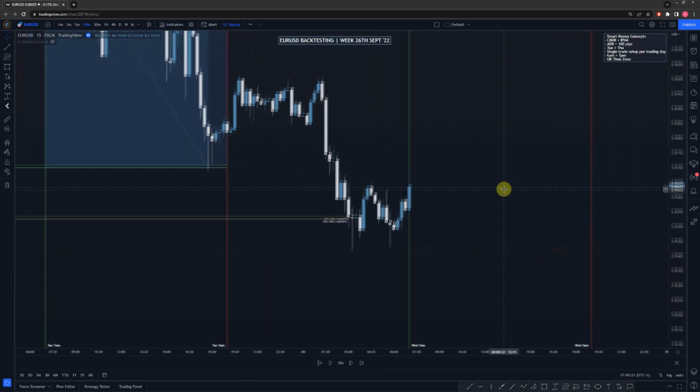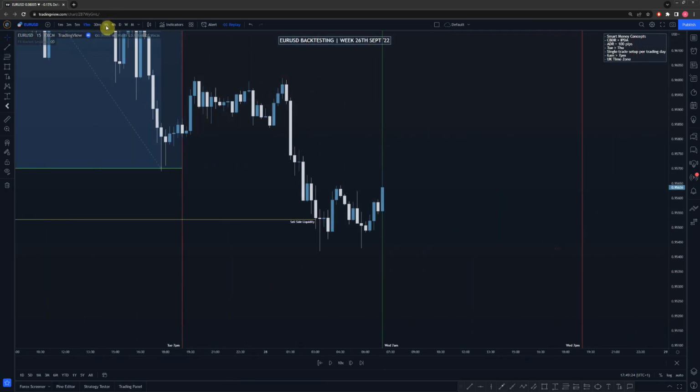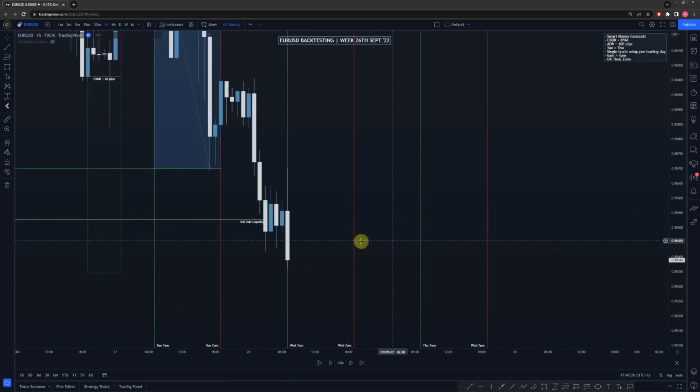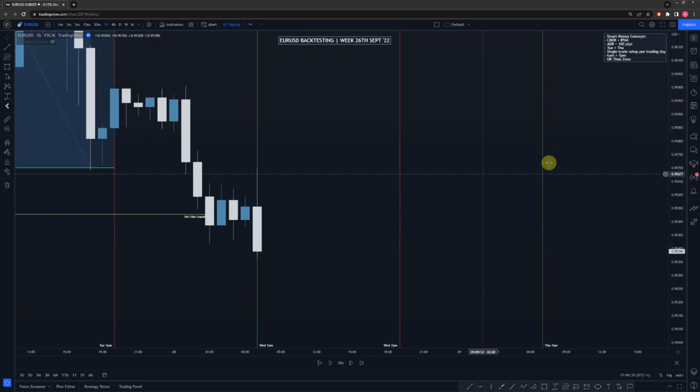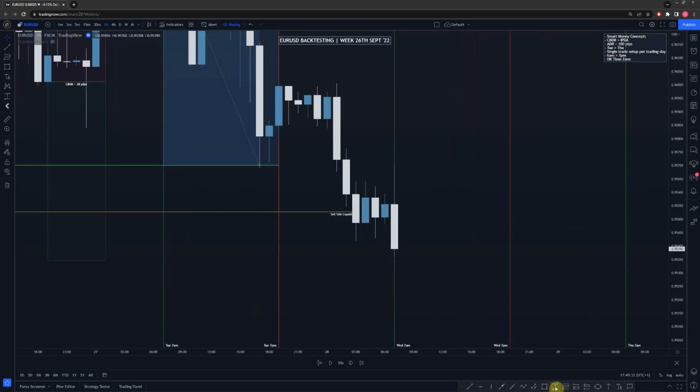So now let's begin again. So let's mark out our central bankers dealers range going into the 1 hour chart. Okay, looks like even on the 1 hour chart the price has just gone even lower. So our 1 AM candle, which is here, and project that back to our 7 PM candle.